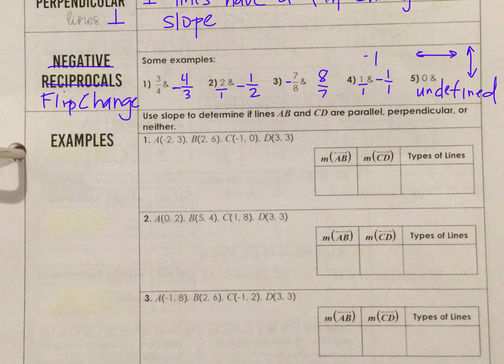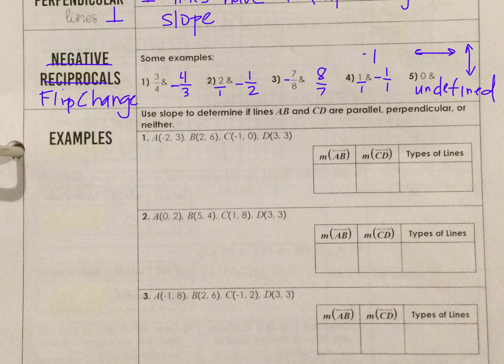So we remember from the other day that slope equals y2 minus y1 divided by x2 minus x1. So what this is asking us to do is find the slope of this and find the slope of these and compare them to decide whether they are parallel, perpendicular, or neither.